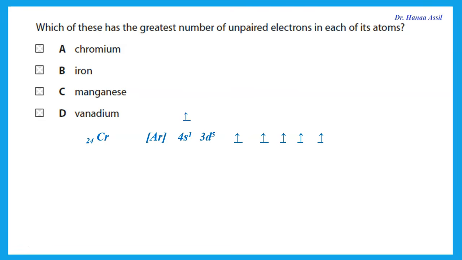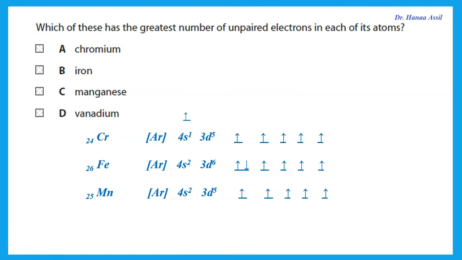That means we have 1 electron in the 4s and 5 unpaired electrons in the 3d. If we do the electron configuration of iron, we get 4 unpaired electrons. Manganese has 5. Vanadium has 3, and that means the one that has the greatest number of unpaired electrons is chromium.